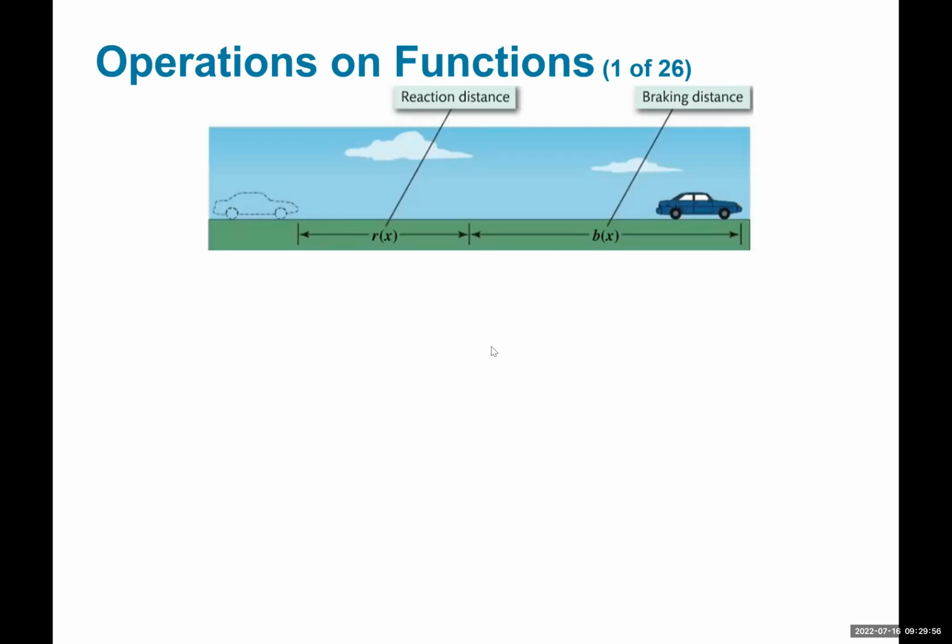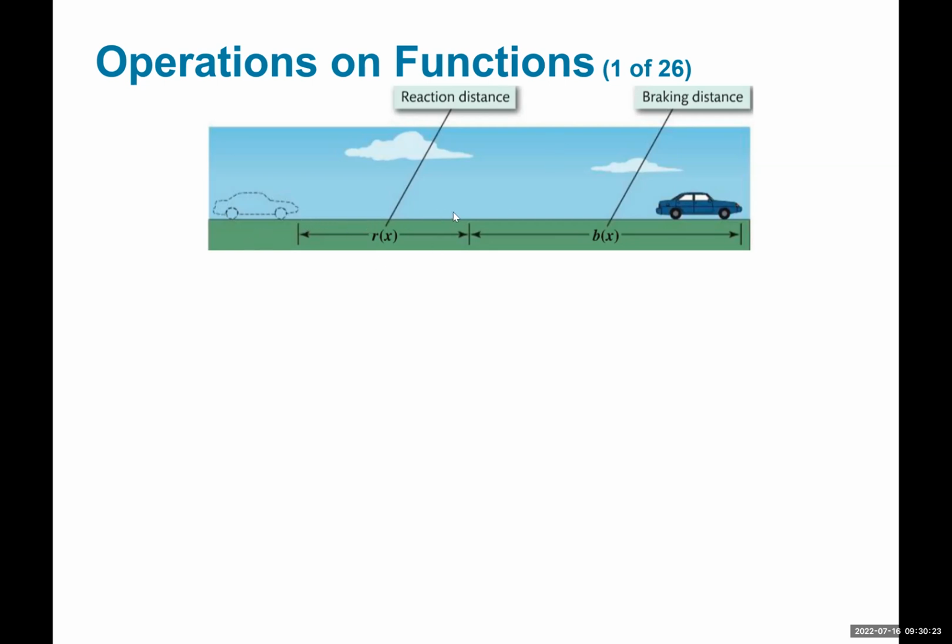With operations on functions, we have basically a car that is clearly traveling along a path. The dashed line is where the car was and the blue car is where it is now. R of X is the reaction distance. So let's say this car was driving and it saw something in the road.